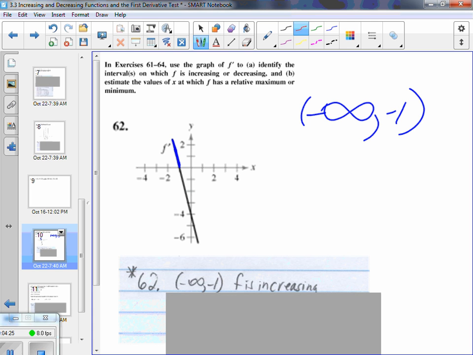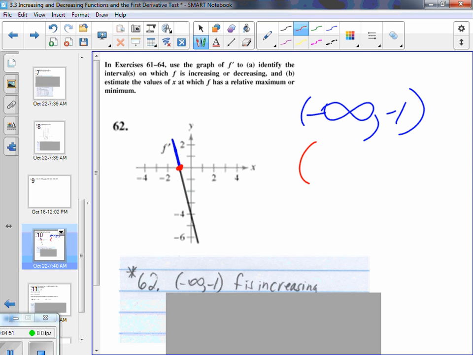Now, at negative 1, the derivative is 0, isn't it? Right there, that point right there, the derivative is 0. The y-coordinate of the derivative is 0. So when x equals negative 1, the derivative equals 0. So that's a critical number there at negative 1. That means the function, if it's going to change directions, that's where it's going to change directions.